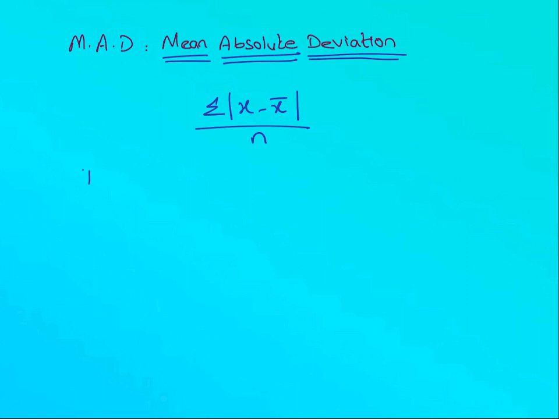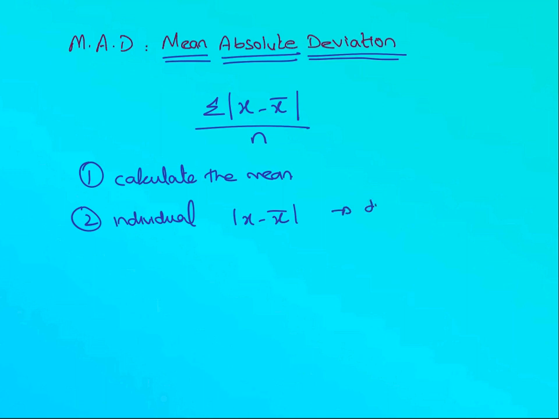So what you do is you first calculate the mean. Then you find individual x minus x bar mod. Subtract the mean from every x value, put a mod. Putting a mod basically means dropping the sign. If it's positive, it remains positive.